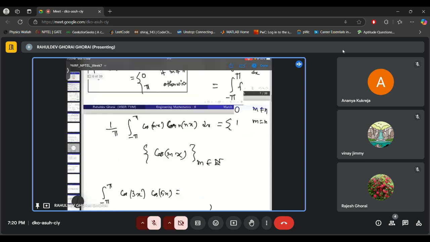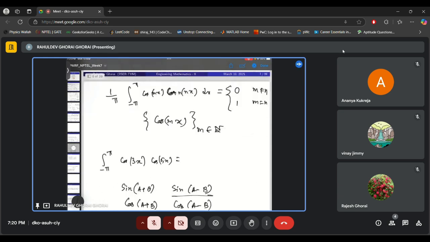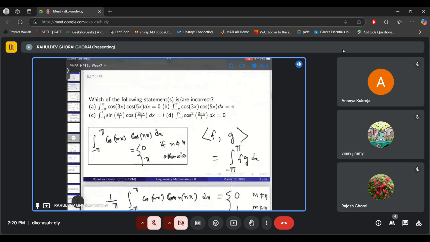This type of formula we will also see in the next few questions. But for this one, you just remember that the integral from minus pi to pi of cos mx cos nx will be 0 or pi depending on the values of m and n. Here m and n are different, m not equal to n, so it will be 0. So the first one is correct. The second one is also m not equal to n, but it's given as pi, so it's not correct, right?